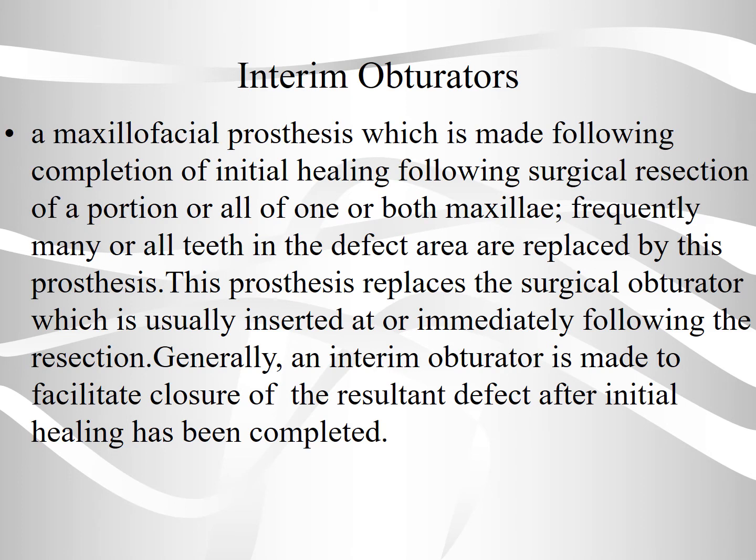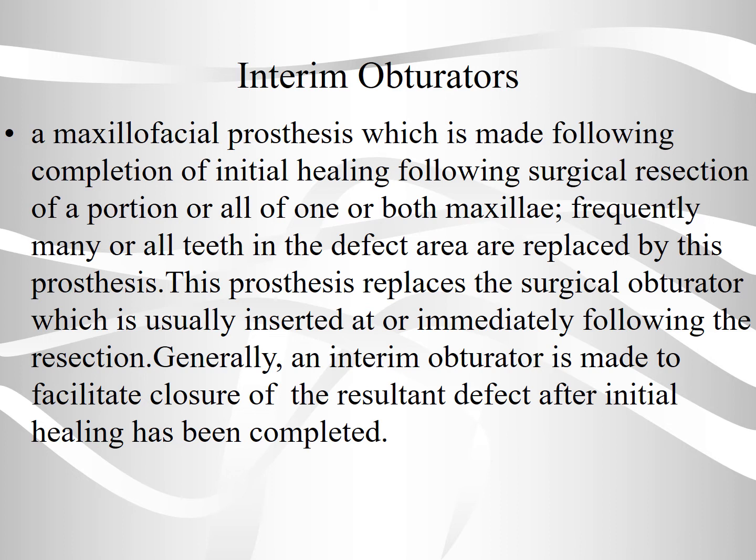Coming to the interim obturator, this is a maxillofacial prosthesis made following completion of initial healing after surgical resection of a portion or all of one or both maxillae. Frequently, many or all teeth in the defect are replaced by this prosthesis.